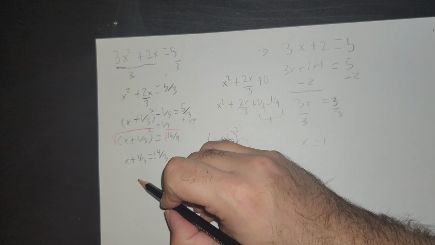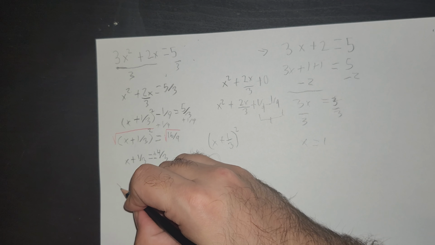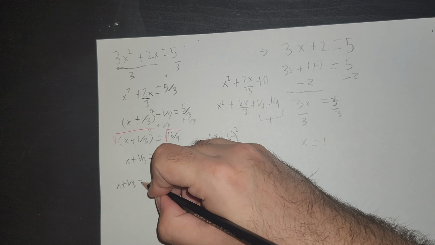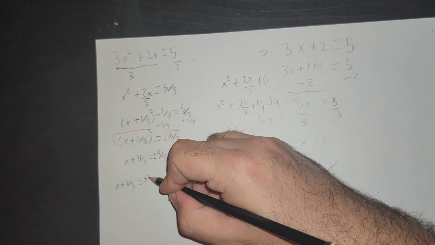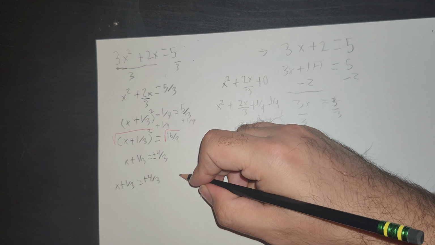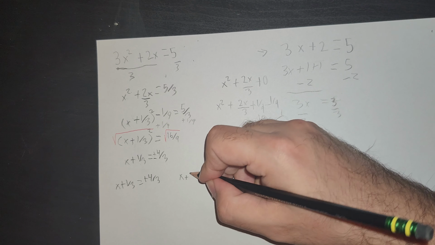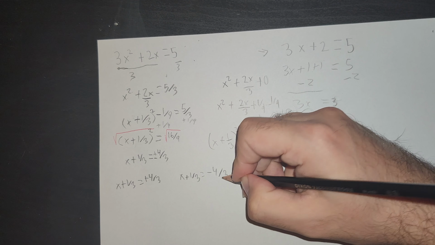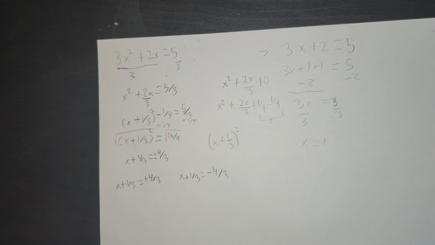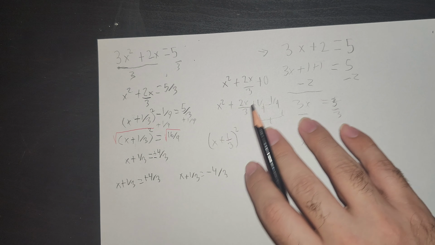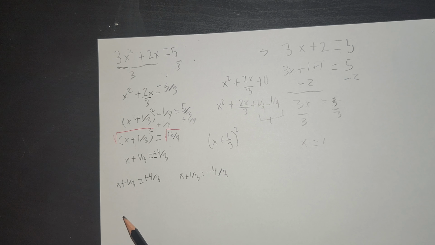So if we were to have x plus 1/3 is equal to positive 4/3, and then x plus 1/3 is equal to negative 4/3, those are the two separate parts of our equation, breaking it up into the two different answers.